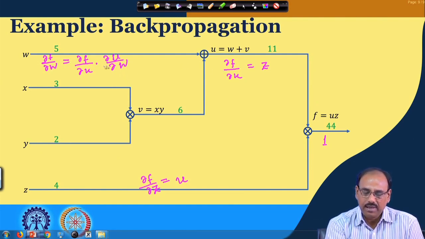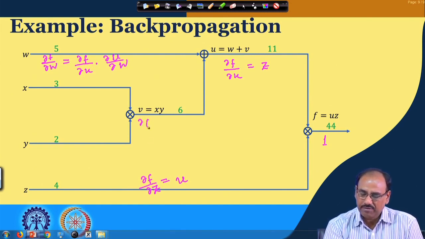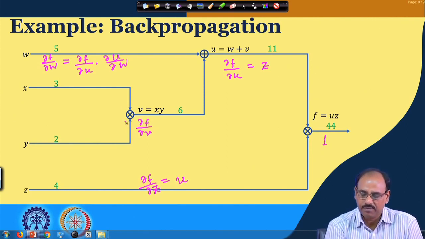So, you multiply the back propagated gradient with the local gradient to get del f del w. Now, similarly over here, I have to compute del f del v, but I cannot compute it directly because f is not visible to v. So, what I will compute is del f del u and then multiply with del u del v.